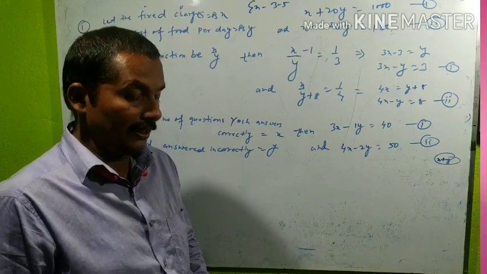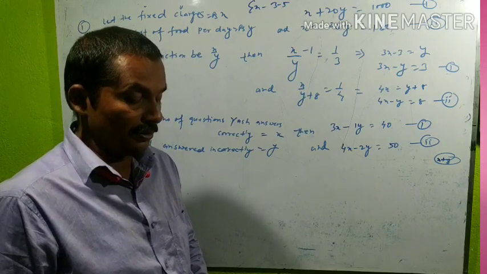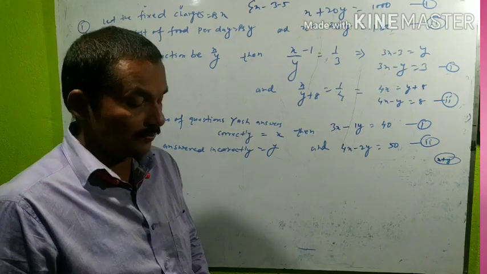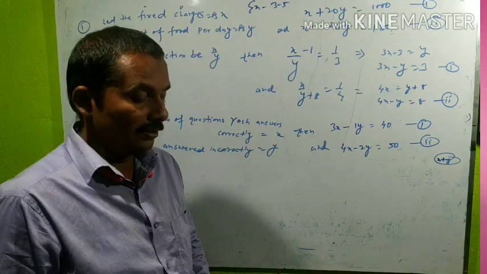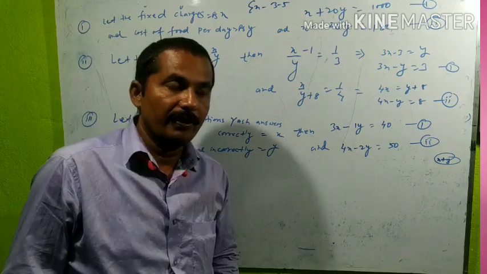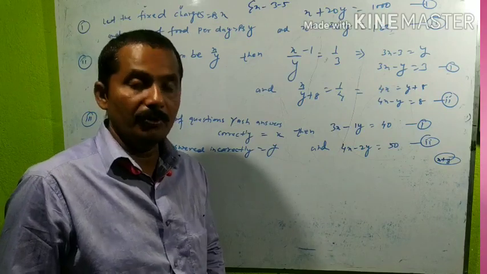One student A takes food for 20 days and she has to pay rupees 1000, and student B takes food for 26 days and he has to pay 1180 rupees. The question is to find the fixed charges and the cost of the food per day.